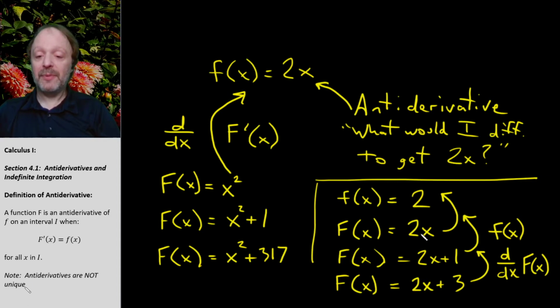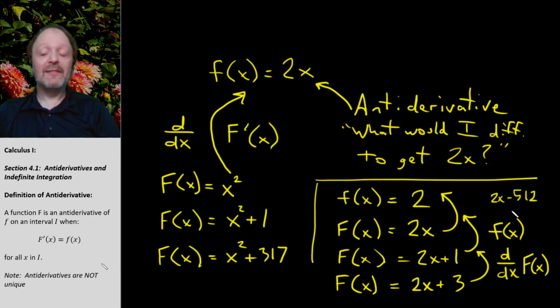The slope in this case is preserved, but the y-intercepts are not. I can put any y-intercept I want, and I'll still have the same slope. 2x minus 512, that's just a different y-intercept, but the slope is exactly the same.